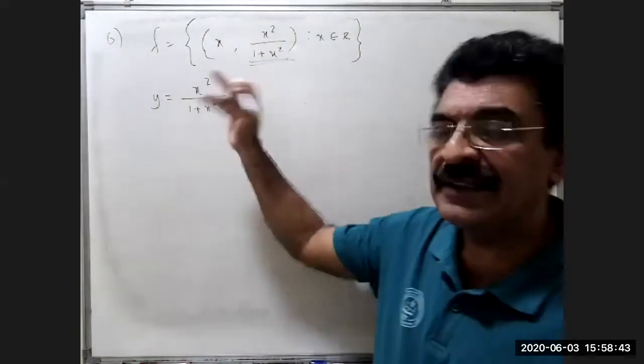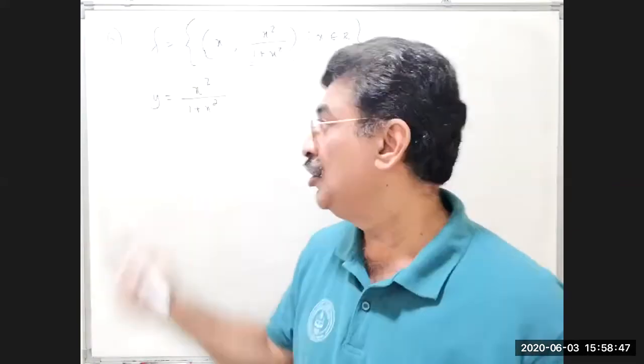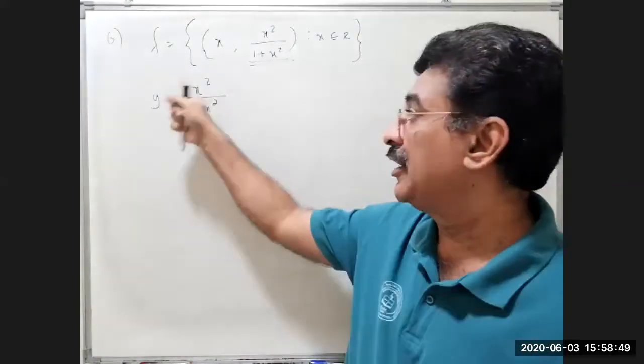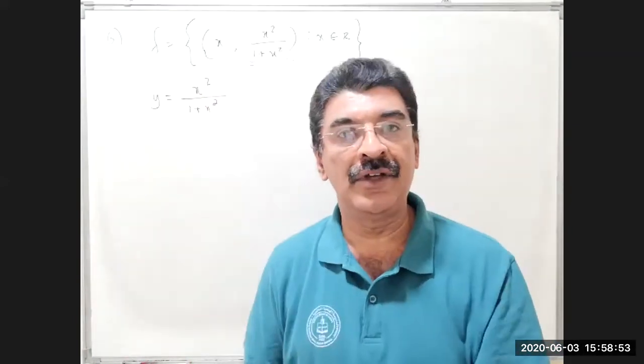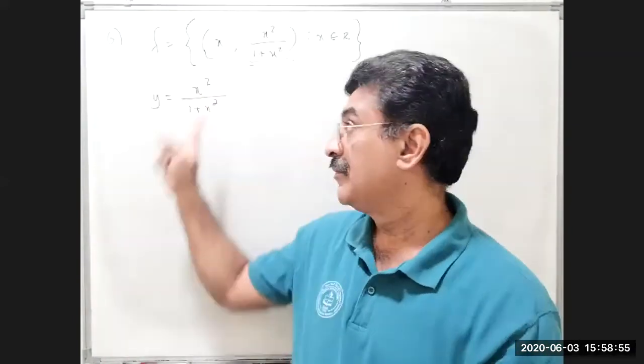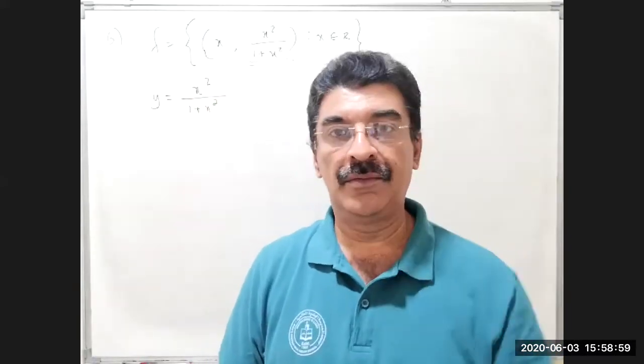See, x can be any number. Just by observing this expression we can make it out. This can never be negative. Why?